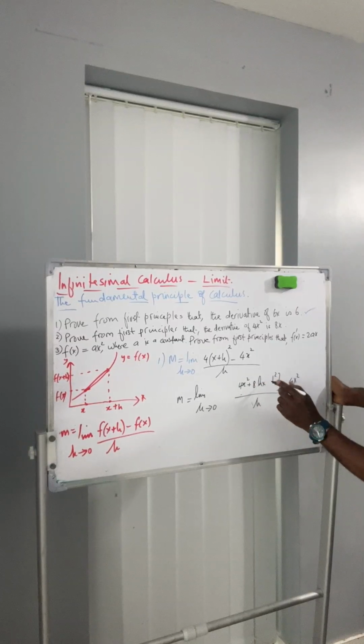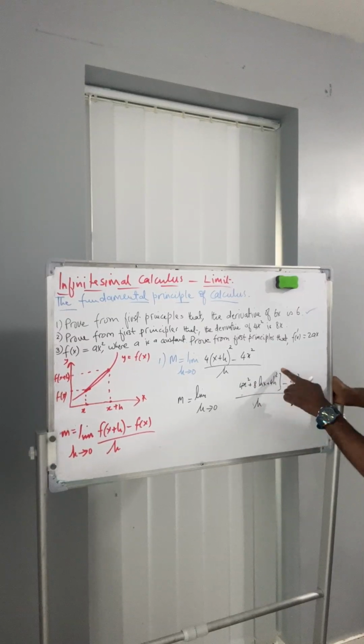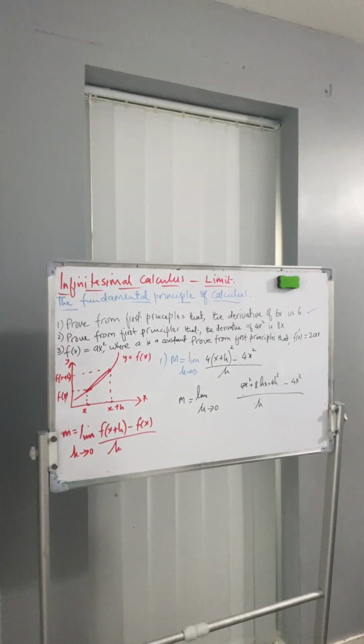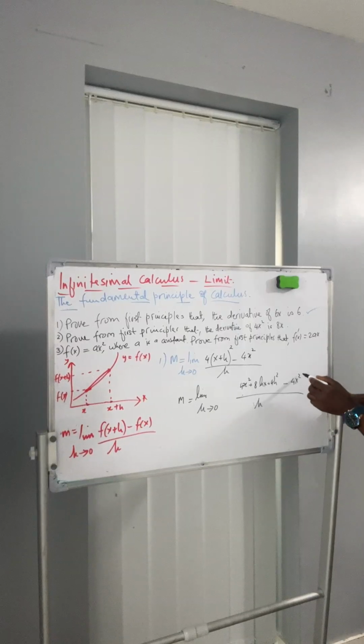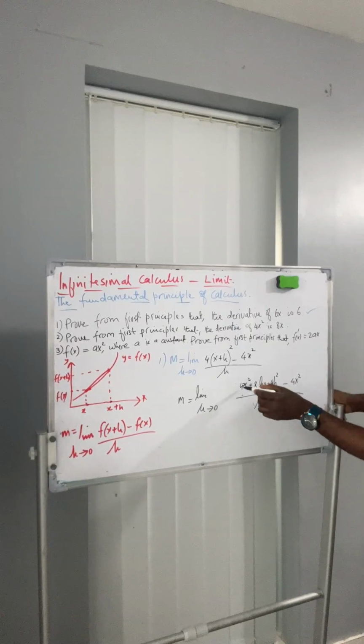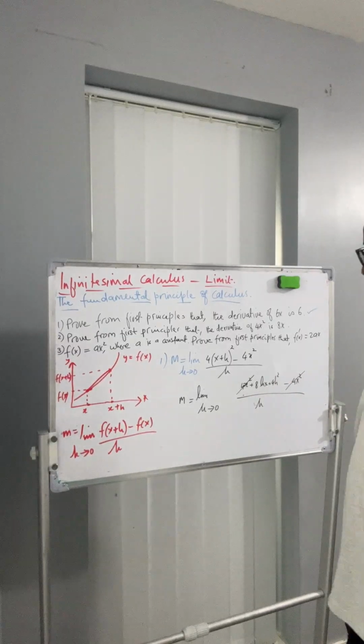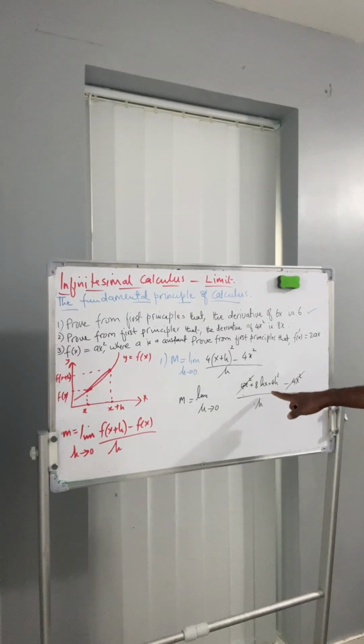And this will be plus 4. So this is what you get, right? So again, here, you can see that the 4x squared will cancel this. 4x squared minus 4x squared is 0. So what is left here is 8hx plus 4h squared, right?